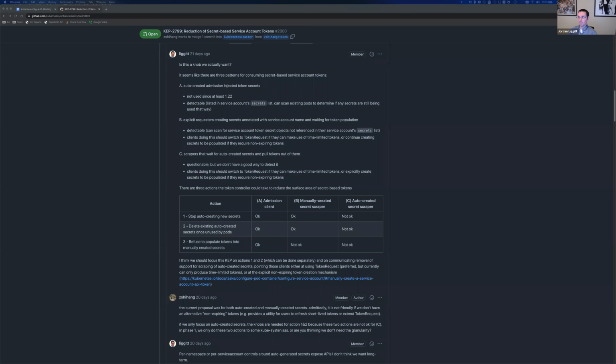You can audit them, and then the controller can use that information at a defined time interval, which I would expect the cluster admin to be able to control, to say, clean up auto-generated tokens that haven't been used in X time period. Yeah, that'll work. I guess once a day is fine with me.